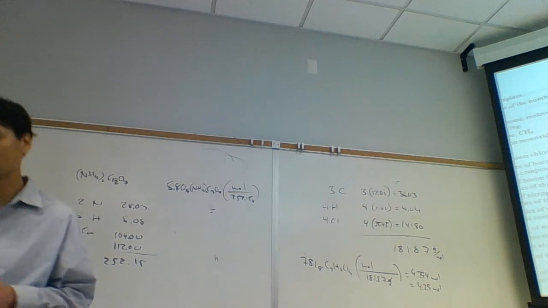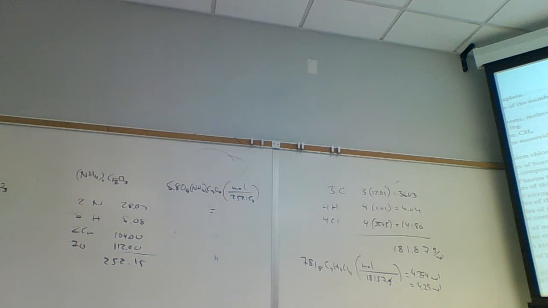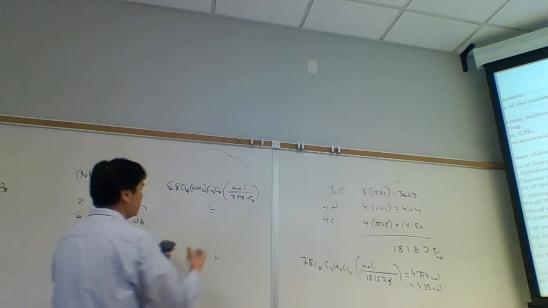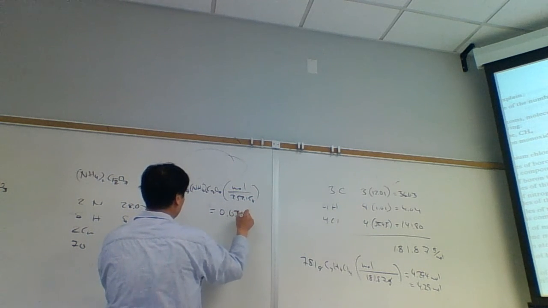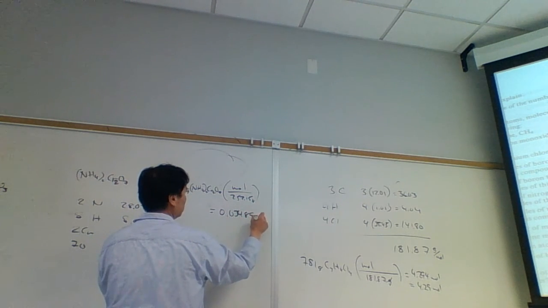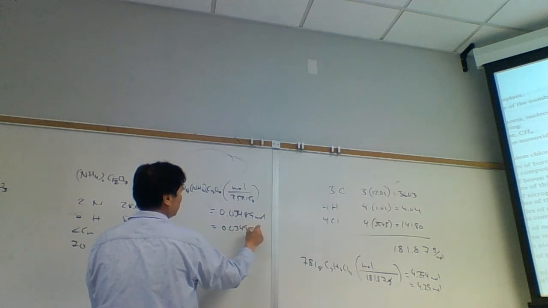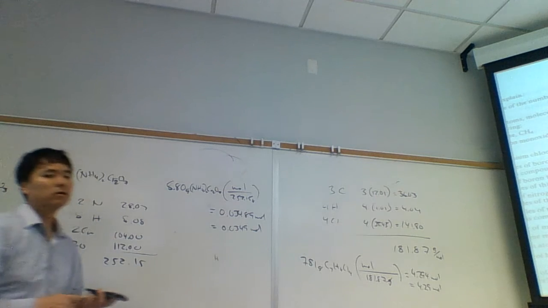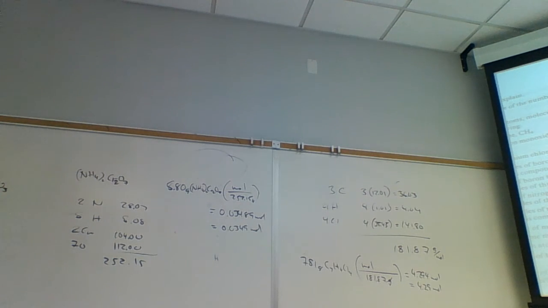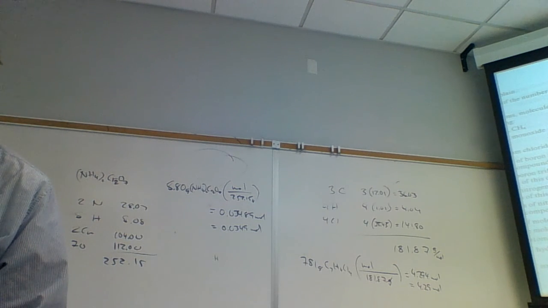We figure out how many moles we got: 8.8 divided by 252.15 is 0.03489 moles, so 0.0349 moles. Normally I double check my calculations, but I don't have time right now, so this is why. But I would normally do that as standard procedure.